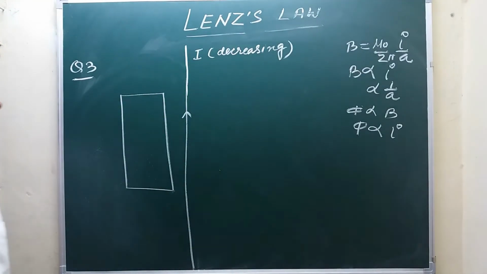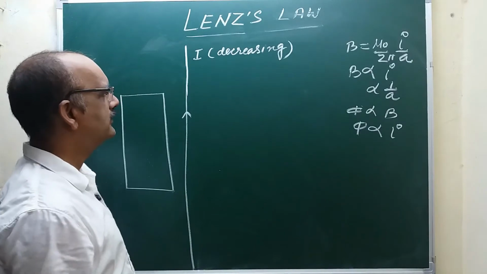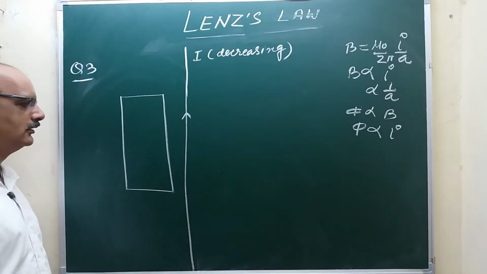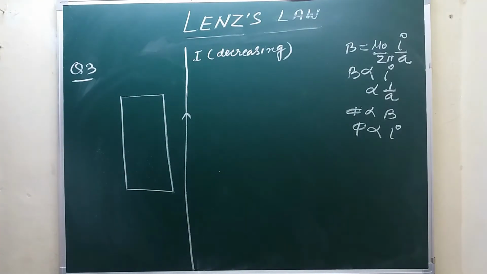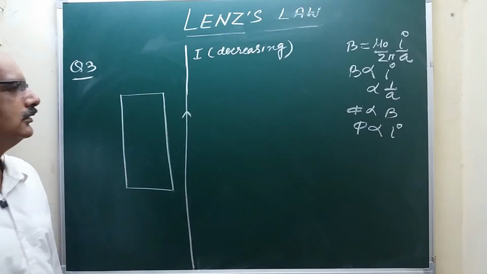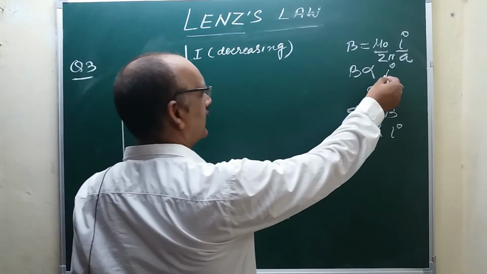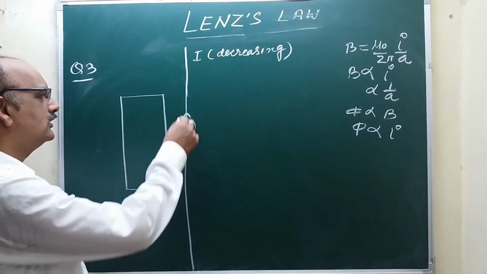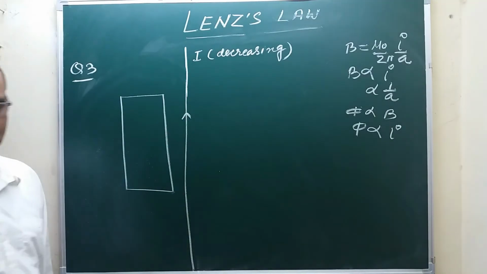current carrying conductor and I is decreasing, we have to find out the direction of induced current in this rectangular coil or rectangular loop. Now, first of all, let us try to understand why induced current will be set up in this rectangular loop. Here I is decreasing and we know that B is directly proportional to I. It means that the magnetic field due to this current carrying conductor is also decreasing.